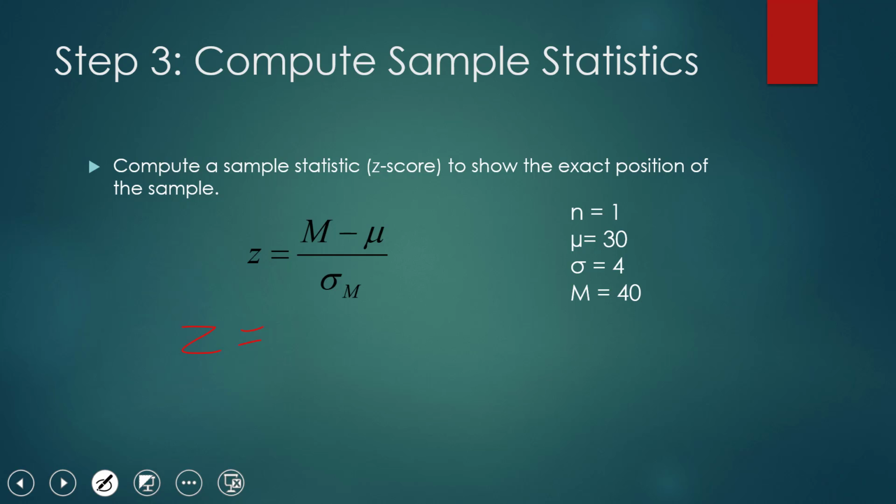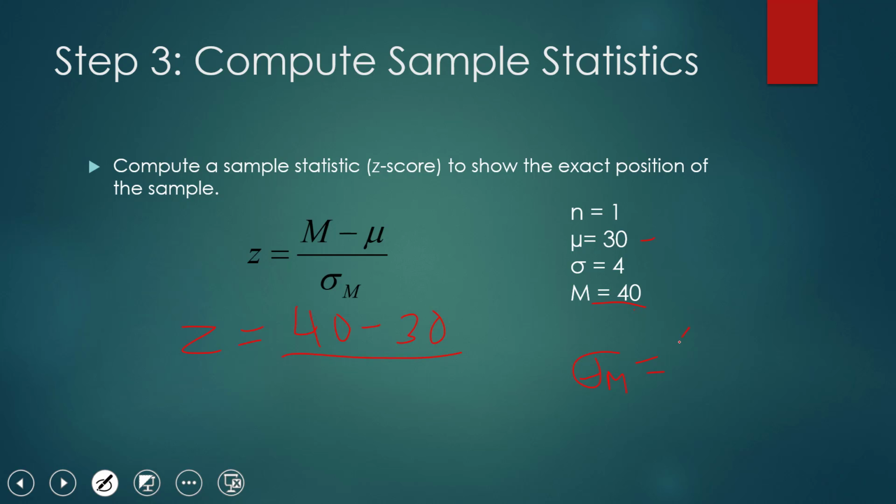So z equals the sample mean, which is 40, minus the population mean, which is 30, over, all we have is our standard deviation, so we need to calculate the standard error. Remember, we're talking about a sample mean here, even though our sample is only 1.